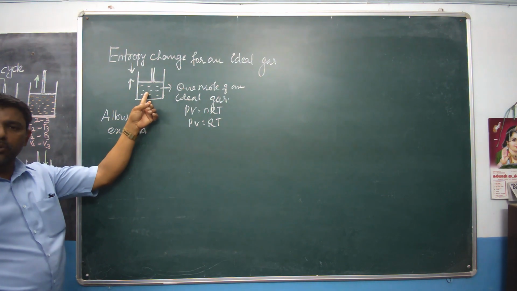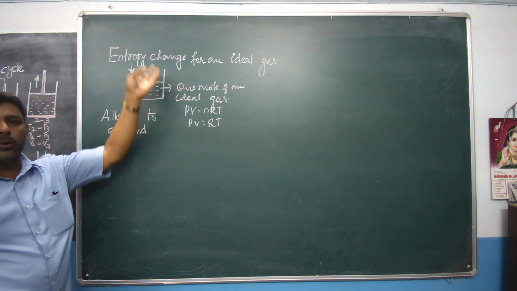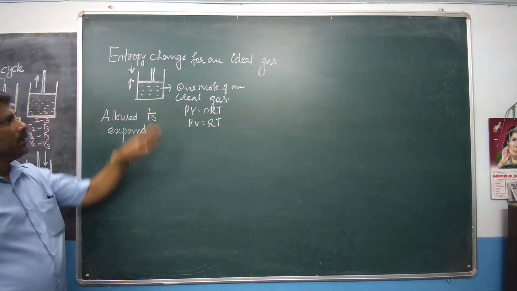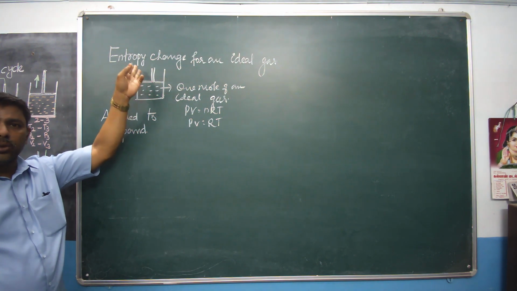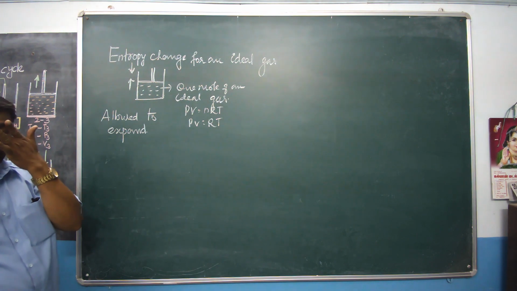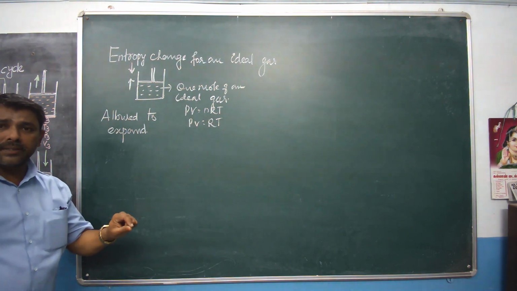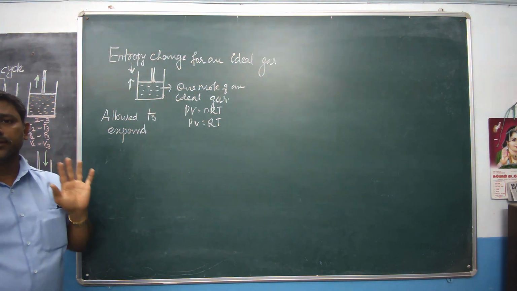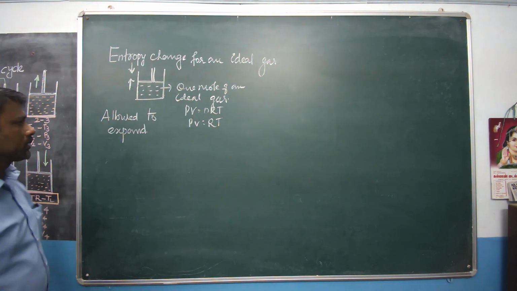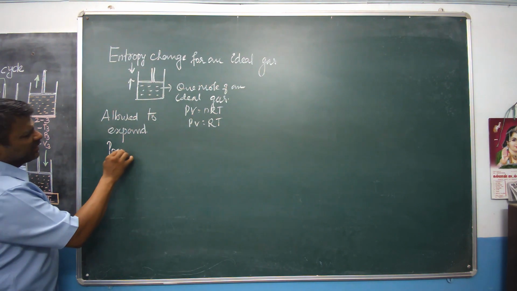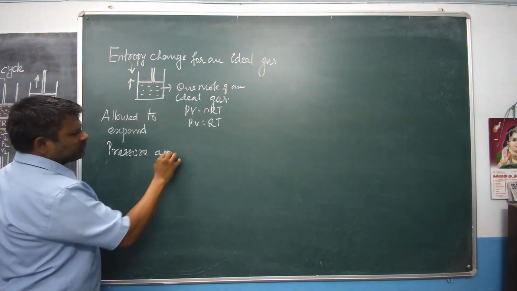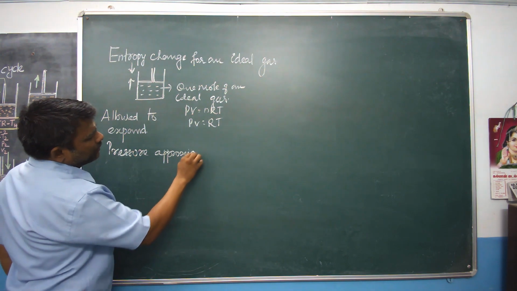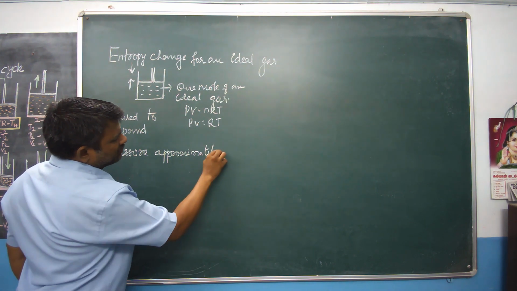Gas gives a certain amount of force to lift the piston in the upward direction. At the same time, a certain amount of force from the surroundings acts on the piston to push it in the downward direction. What I am trying to say is, the pressure is approximately constant.